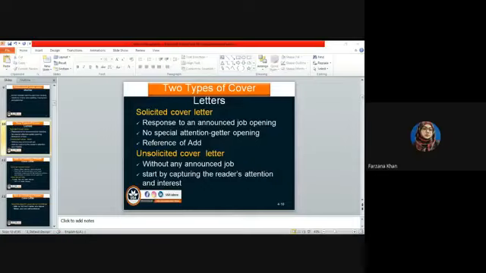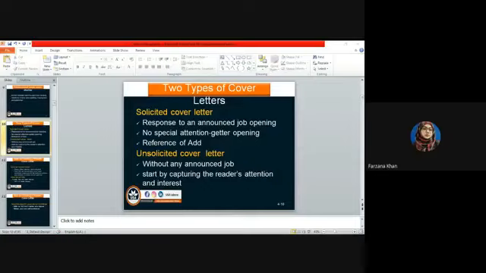Basically, it is mentioned in the advertisement what the requirements for this job are. You will also have more competition, because hundreds of other job seekers will have seen the listing and may be sending applications too. Both solicited and unsolicited letters present your qualifications, your experiences, and your credentials, and try to convince your reader to call you for the interview.